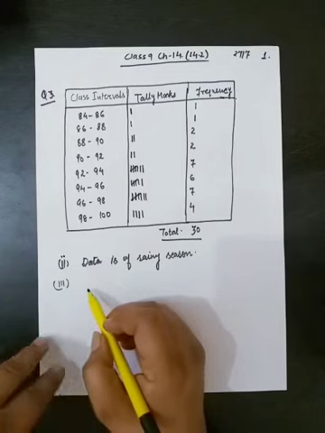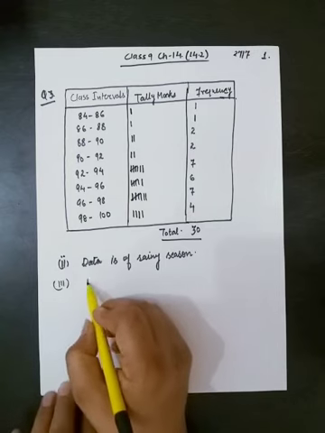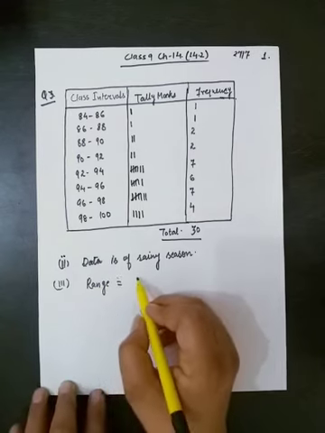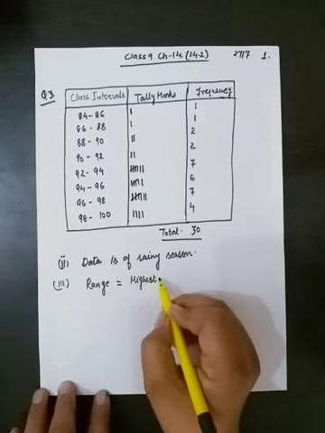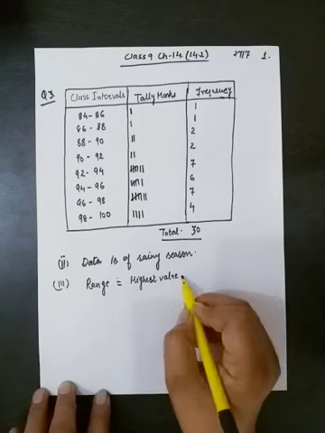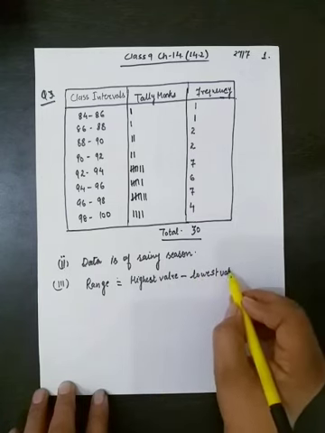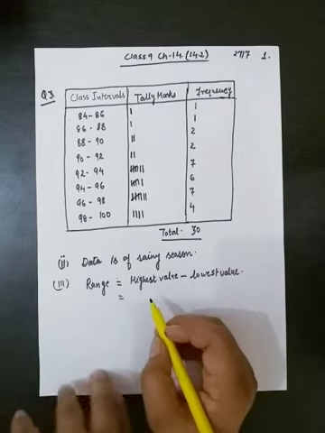Third, what can you conclude, what is the range of the data? Here students, you have to find the range and remember range is equal to highest value minus lowest value. So we have to check in the given data which value is highest.